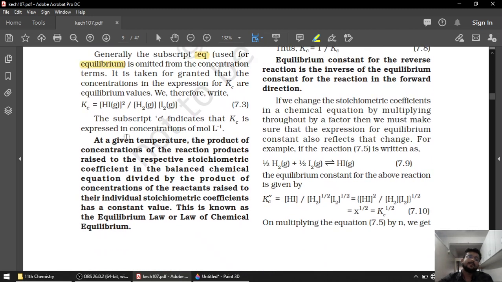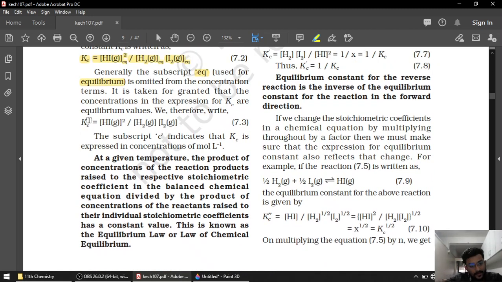Now this particular equation has been written in words: at a given temperature, the product of concentrations of the reaction products raised to their respective stoichiometric coefficients in the balanced chemical equation, divided by the multiplication of the concentrations of reactants raised to their individual stoichiometric coefficients, is a constant value.